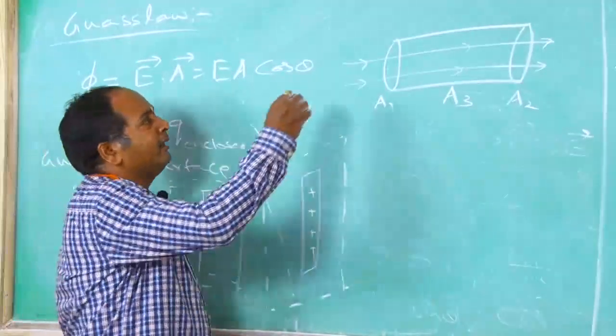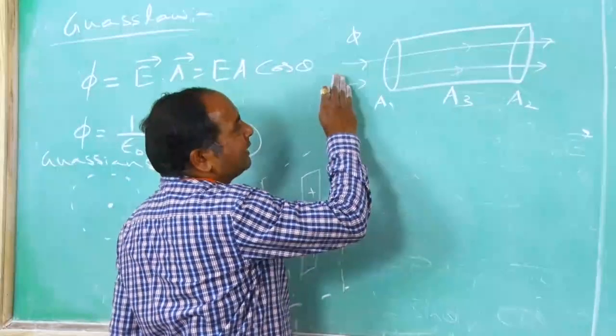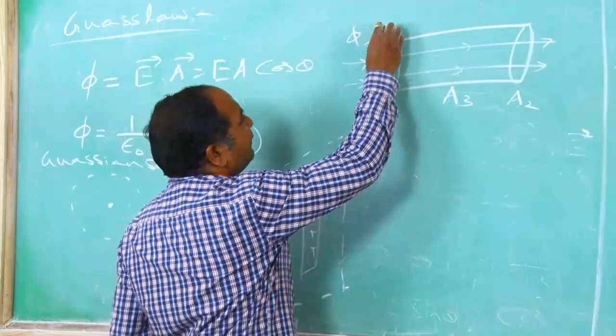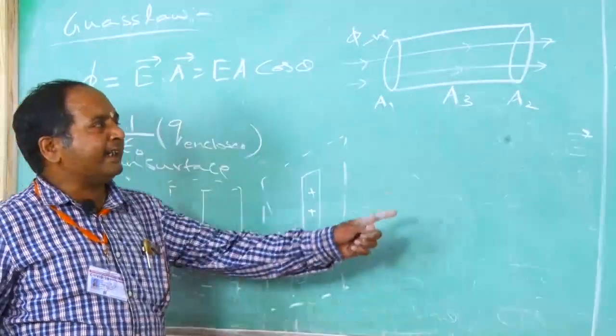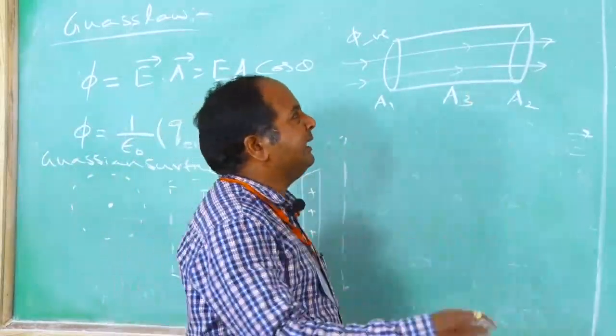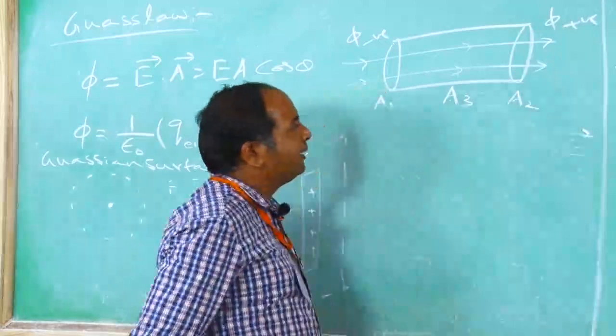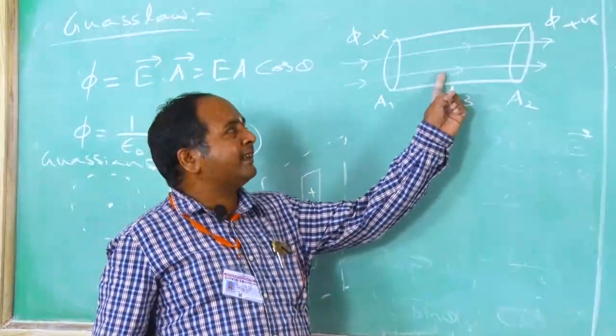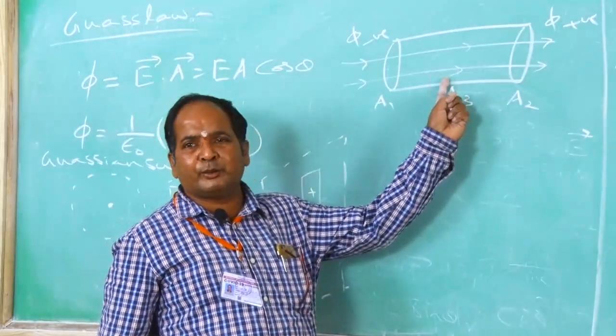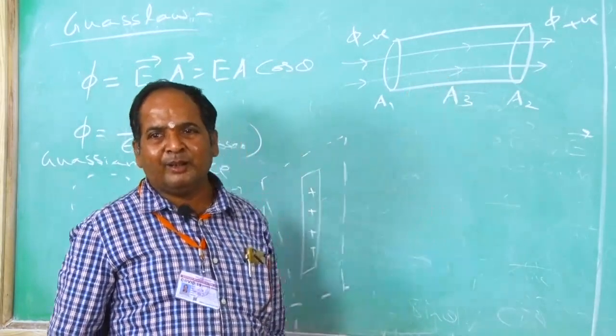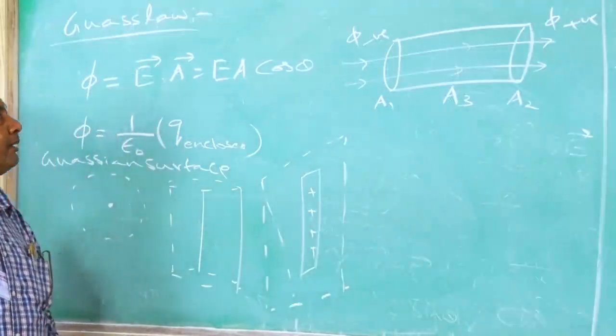At A1, the flux is treated as, that is entering, negative. Here at A2, those are leaving lines of forces, so its flux is positive. At A3, how much entering, that much leaving, so there is no flux. So, this is about the Gauss law.